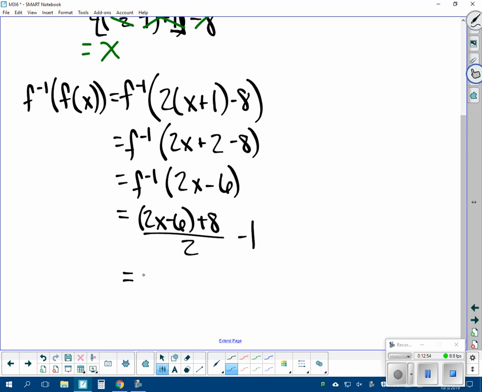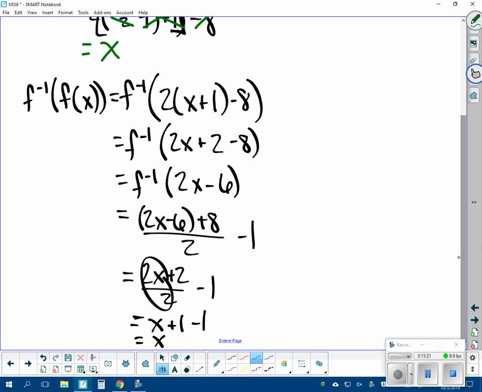Everybody with me? Yeah. Okay. 2x plus 2, when I combine negative 6 and 8, all over 2 minus 1. A little distributing of division there gives you x plus 1 minus 1, and oh, look at that. That's x. So if both of the compositions come out to be x, then what is true?